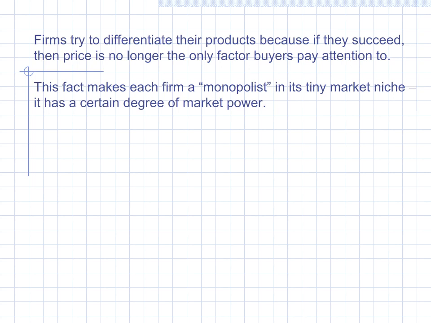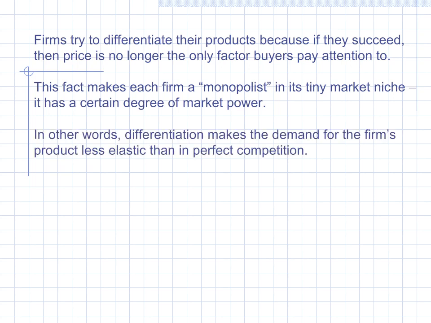It can play with its price because it knows that unlike in perfect competition, it will not lose all of its customers at once if it is 1 cent above the market price. That is the most important benefit and the purpose of product differentiation. So put differently, differentiation makes the demand less elastic than in perfect competition.